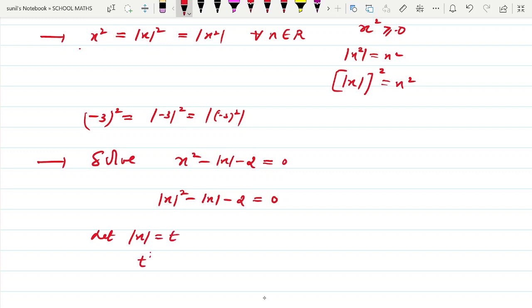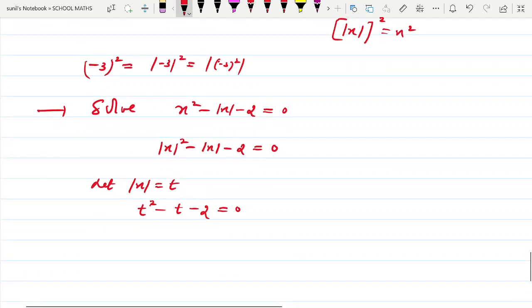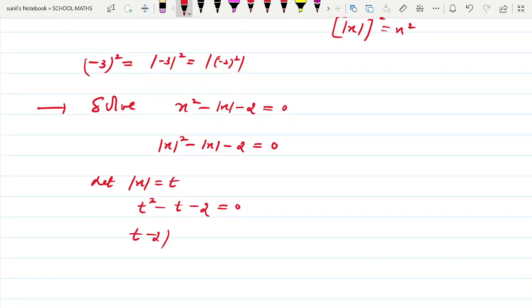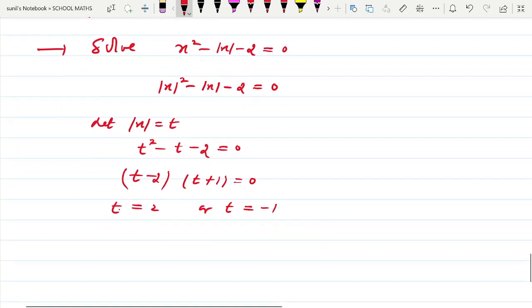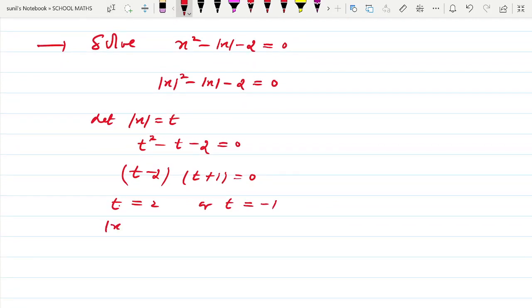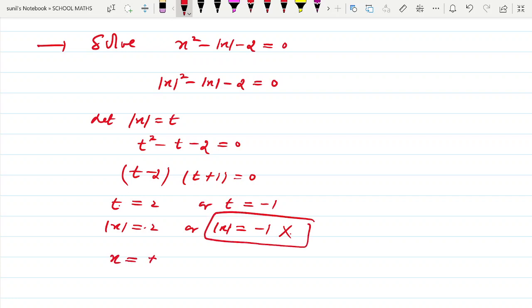So my equation becomes t square minus t minus 2 equals 0. Now we can factorize this: t minus 2 into t plus 1 equals 0. So either t equals 2 or t equals minus 1. Now what is the actual meaning of t? Mod x equals 2 or mod x equals minus 1. This is not possible because modulus cannot be negative. So the possible values are plus minus 2. So this is the solution of this equation, guys.